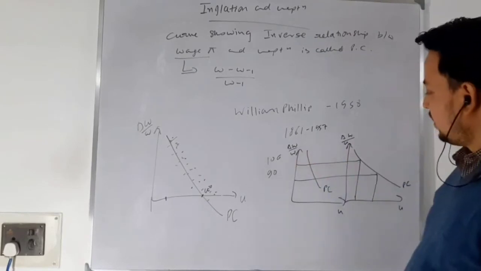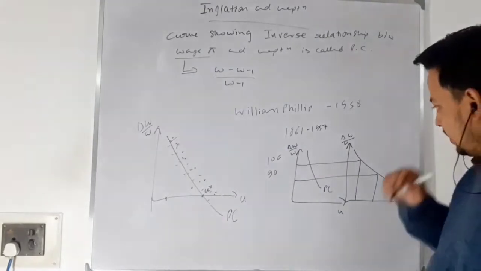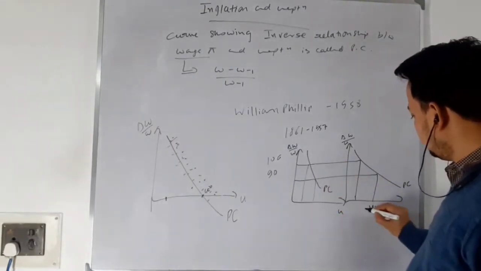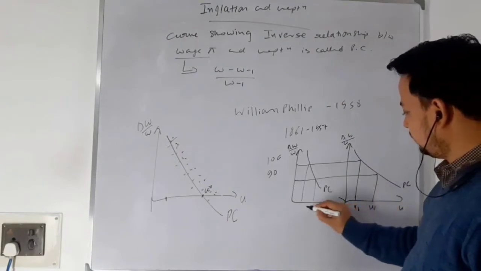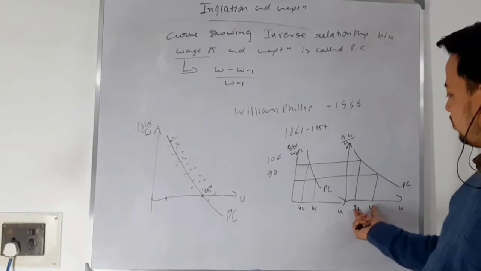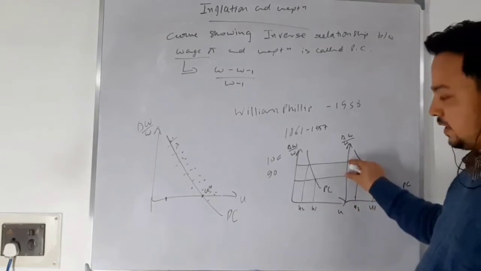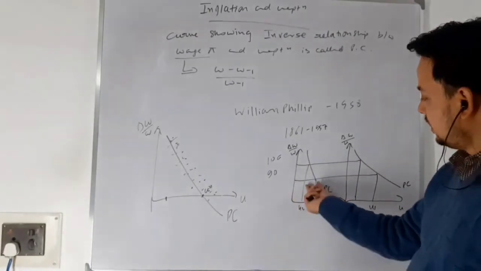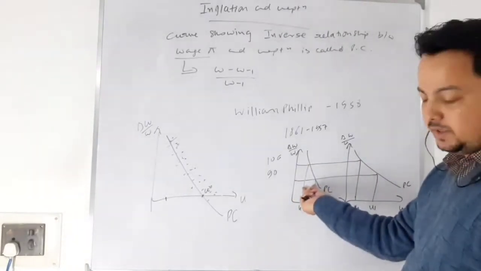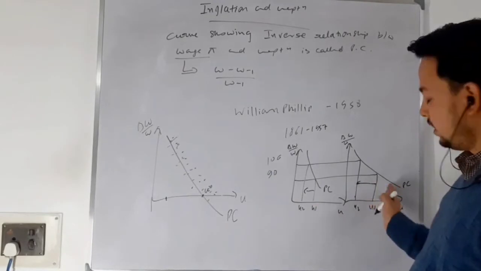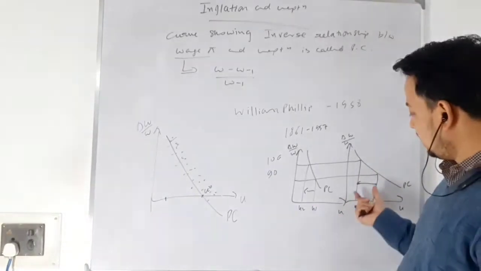Suppose the policy maker wants to reduce unemployment from, say, U1 to U2. For the same change in money wage, for the same inflation, you are moving from here to here. Here you are able to reduce unemployment very little, but here you are able to reduce unemployment at a very high level.